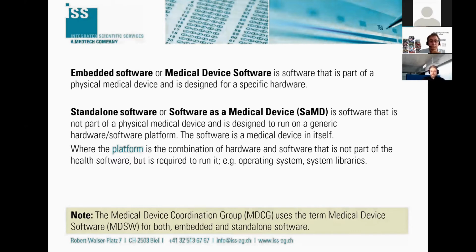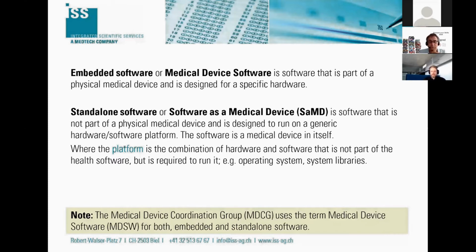Then we have, that's a newer field, and with medical apps, one with quite a bit of growth, standalone software, also known as software as a medical device. That's software that is not part of a physical device and that is designed to run on generic hardware or software platforms. And important, software in itself is the medical device.